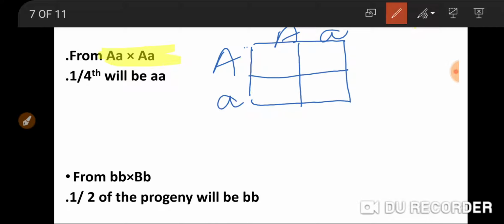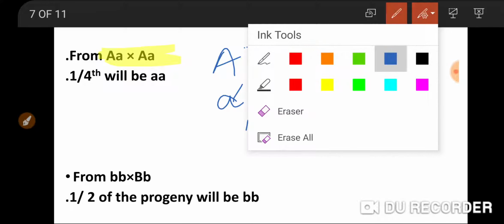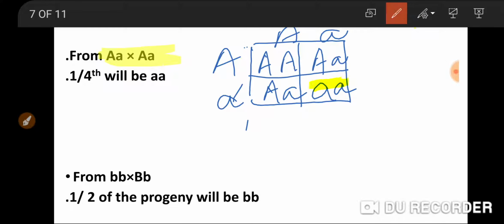If we cross here, we get capital A capital A in the first square, capital A small a in the second square, capital A small a in the third square, and small a small a in the fourth square. This small a small a is the required genotype.